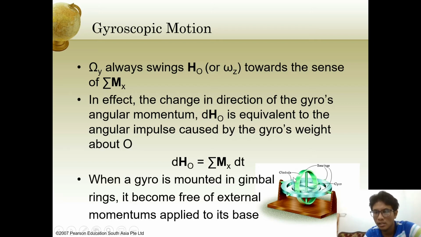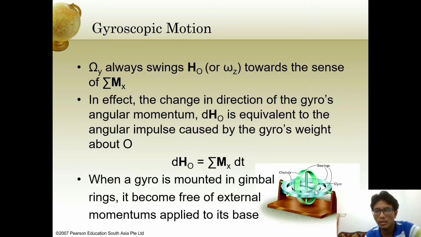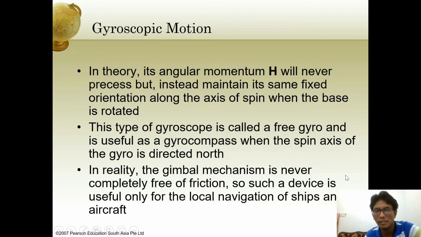Right now it's in the horizontal plane. So when we move this wooden block, the gyro will try to maintain its position in the horizontal plane. In theory, its angular momentum H will never precess.